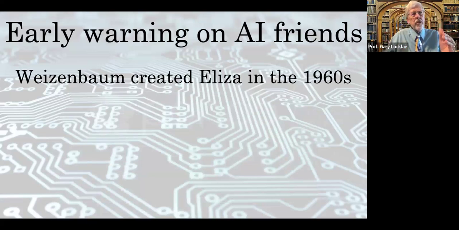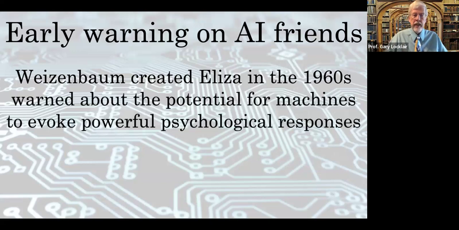He was doing some academic investigations, but then was startled to discover that people wanted to interact with the machine even more so than other people. And there's a famous story about his secretary interacting with ELIZA, and Weizenbaum came into the room and she asked him to please leave because she wanted to have a private conversation with ELIZA.